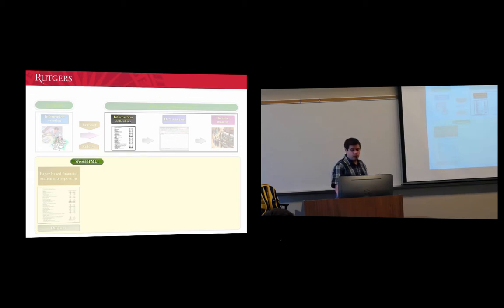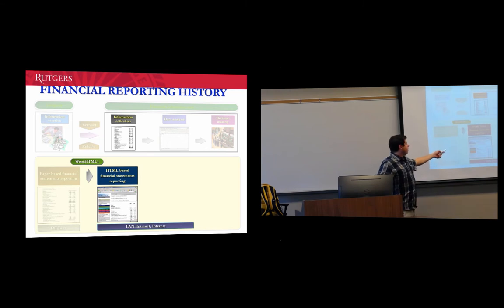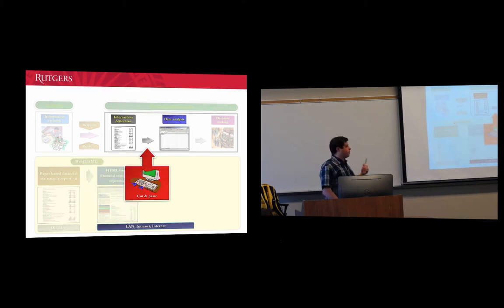So then we have the web, right? And the web comes around with HTML, and all of a sudden you can get your financial reports on the internet, but it's not in a machine-readable format, right? It is sort of machine understandable, I would say, because your machine can still process it, it can pull it up on the screen, but it doesn't, as I mentioned earlier, actually allow you to figure out what the information is.